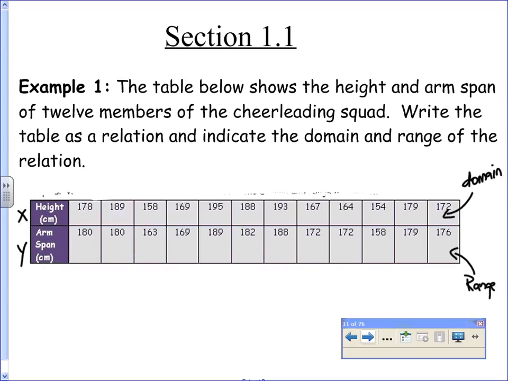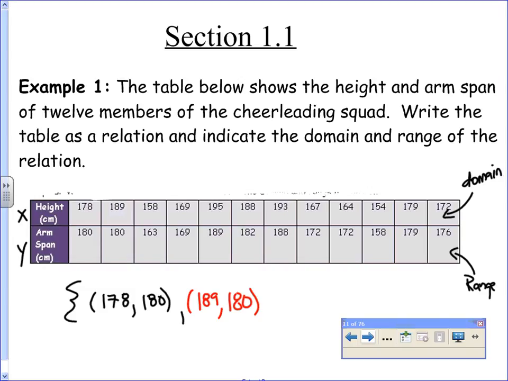And when you go to write this as a relation, it would be just the set of ordered pairs. So you could say, you know, 178 is paired with 180. Okay, so you have that ordered pair, and then you have another ordered pair, which would be 189 paired with 180.